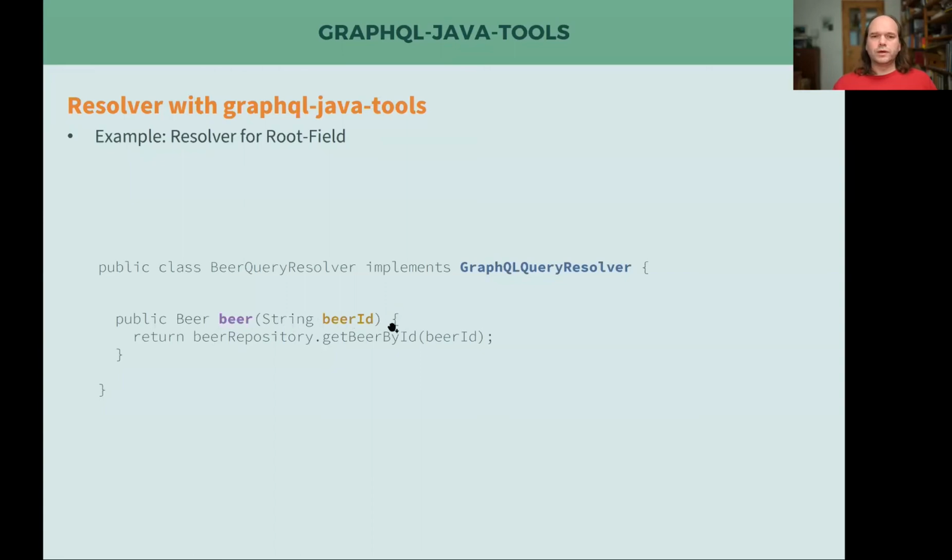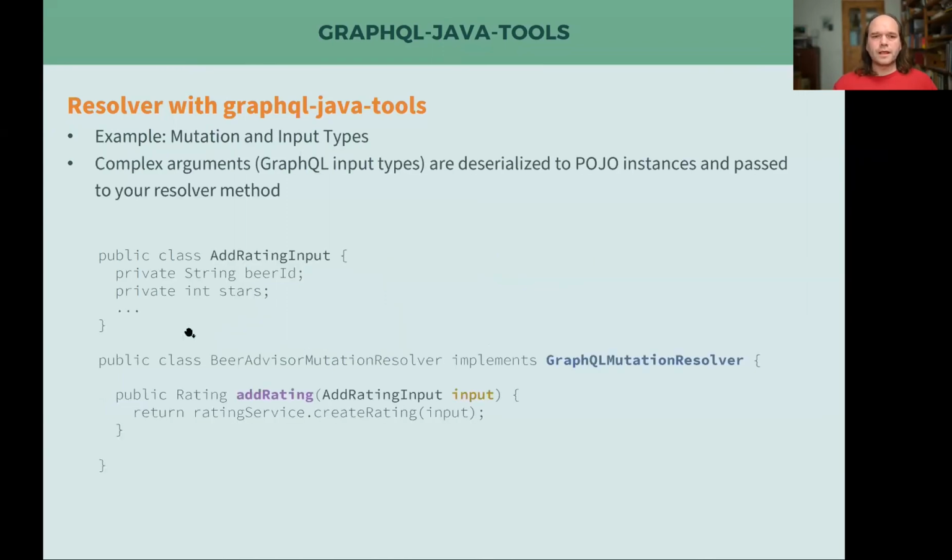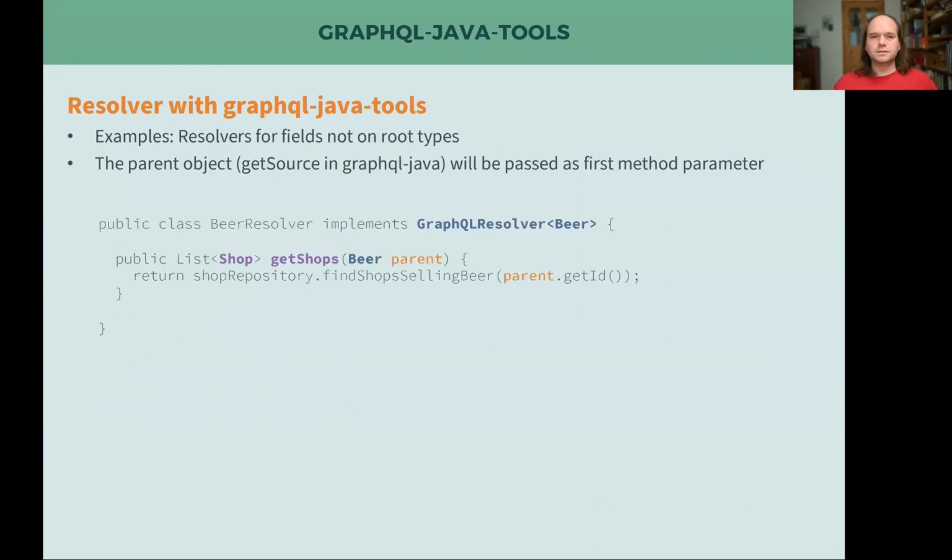I think this is a way that is very common to us when we're also working with REST controllers, for example, where we also get the query parameters directly injected into our methods. Mutation resolvers are the same. You're writing a function that is called as your mutation, and then you also get the input parameters as Java objects, and you don't have to use the environment to pull things from a generic hash table. It makes things easier.